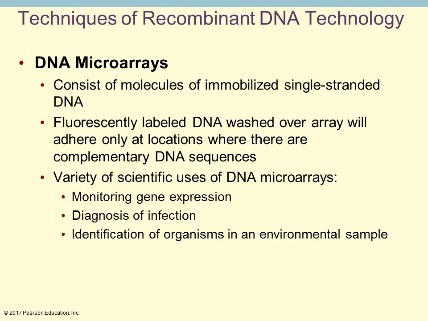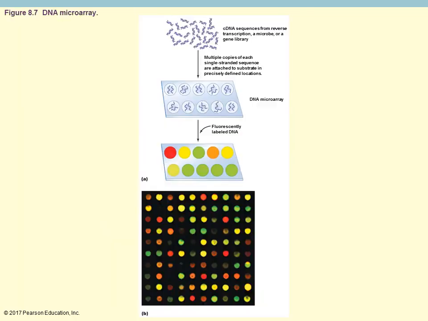You can use this for diagnosis of infection, and you can also use it for identification of certain microorganisms, especially if you're using environmental samples where it's sometimes hard to isolate them. So this diagram shows the use of a DNA microarray where, once again, the DNA is labeled. It's got this fluorescent dye that's attached to it.